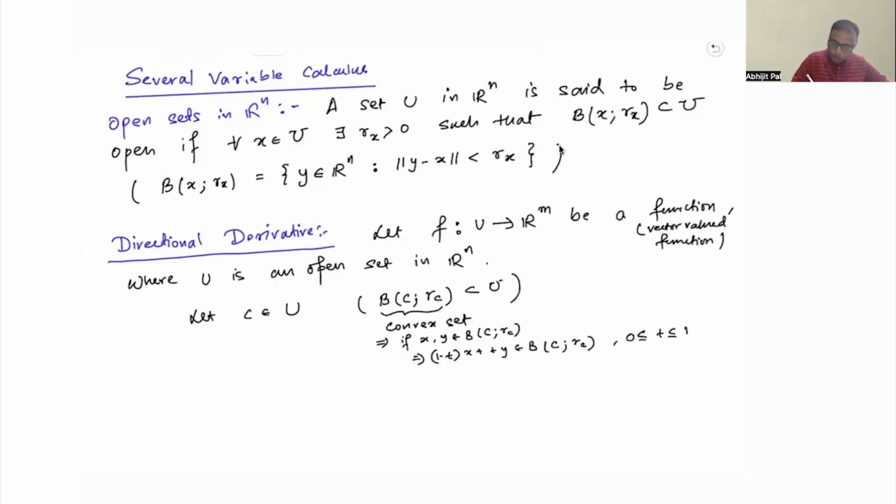Now what is the meaning of the directional derivative of f at the point c in some direction? Let u be some vector in Rn.